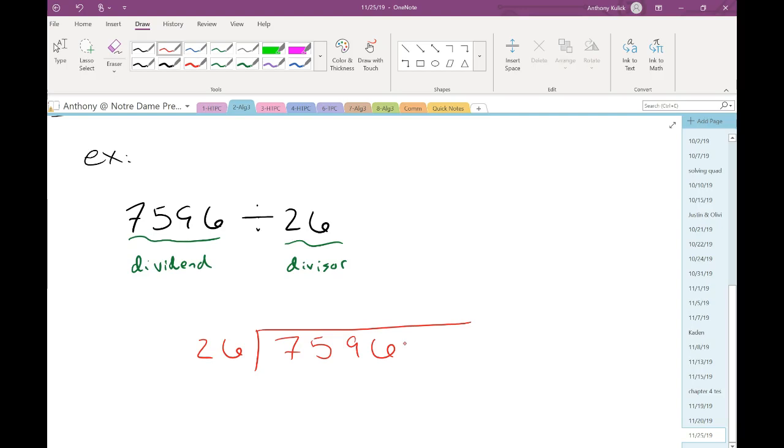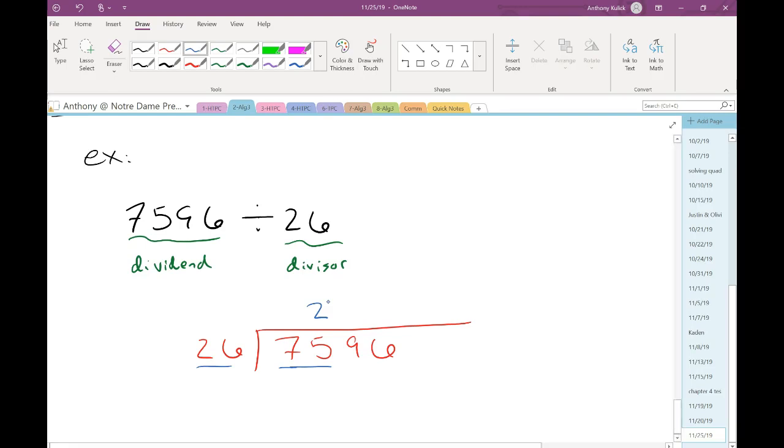Okay. So what we do then is we ask ourselves a series of questions. We first go, okay, how many times can 26 go into 7? Well, 0. Okay, well, how many times can 26 go into 75 then? Well, it can't be 3 times, because 3 times 25 is 75, right?